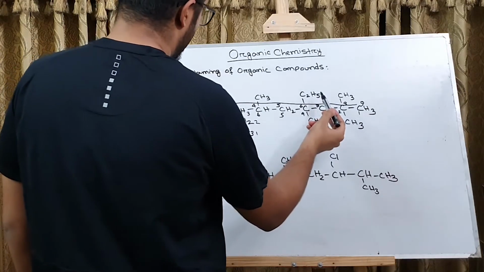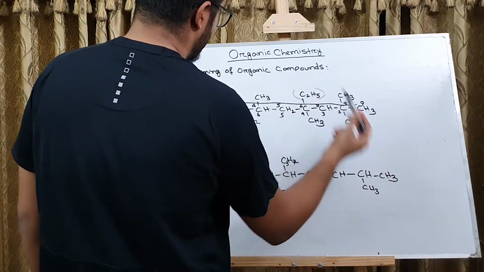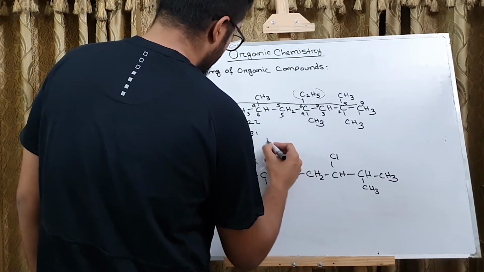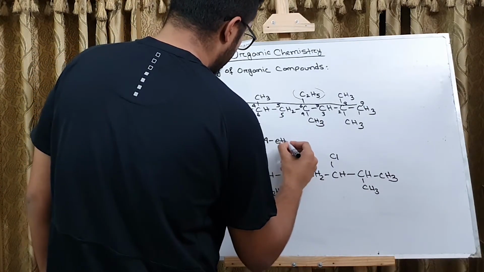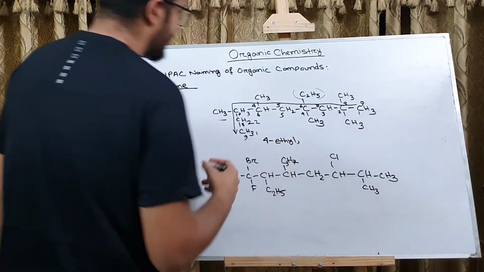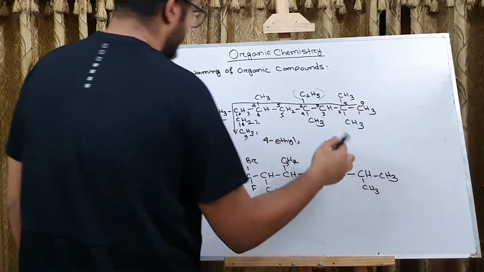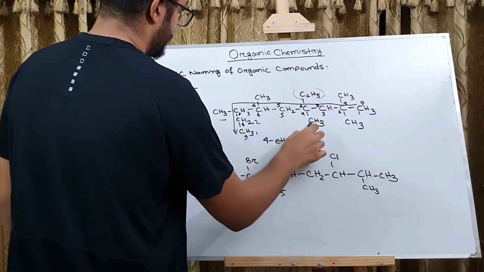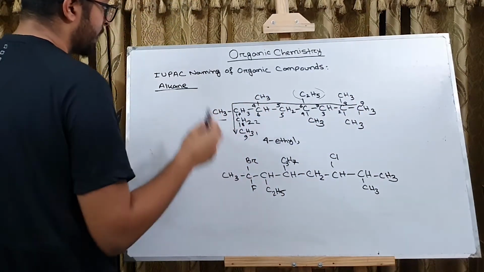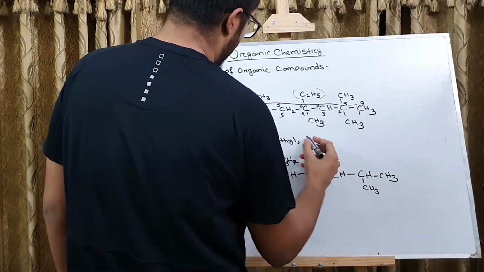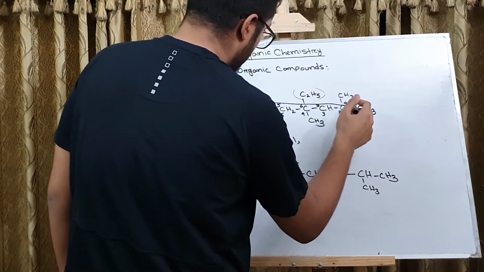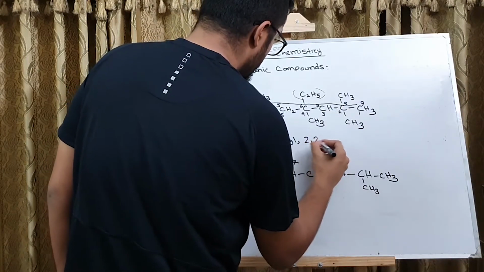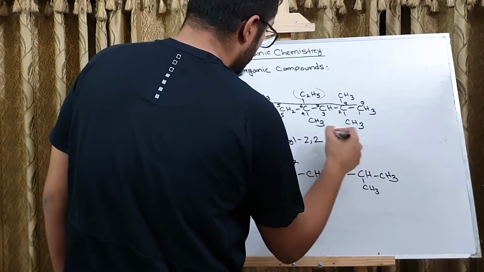So I only have a single ethyl group that falls at 4th carbon. So this would be 4-ethyl. Then I have many methyl groups. Let's see how many methyl groups I have. 1, 2, 3, 4, 5. 5 methyl groups at, let's see which carbons. So 2, 2, 2, 2.